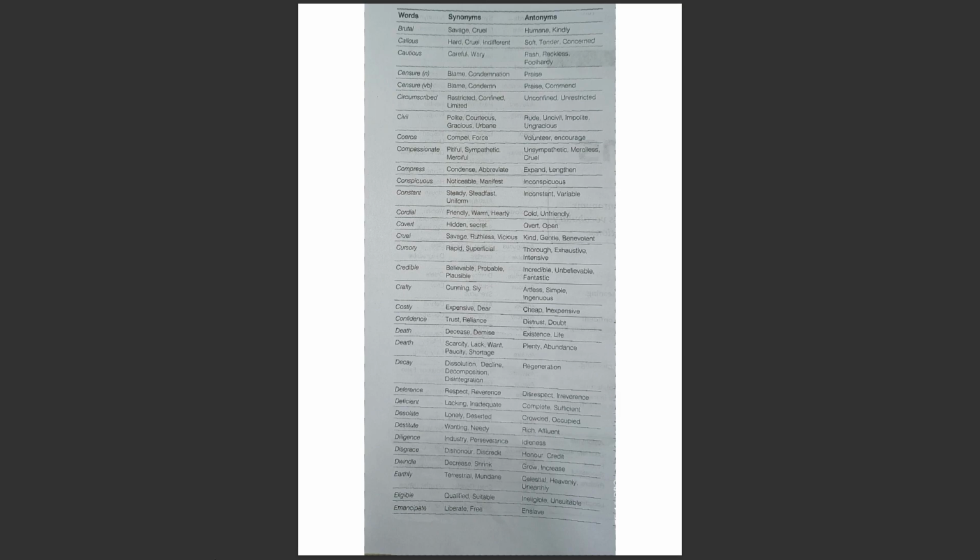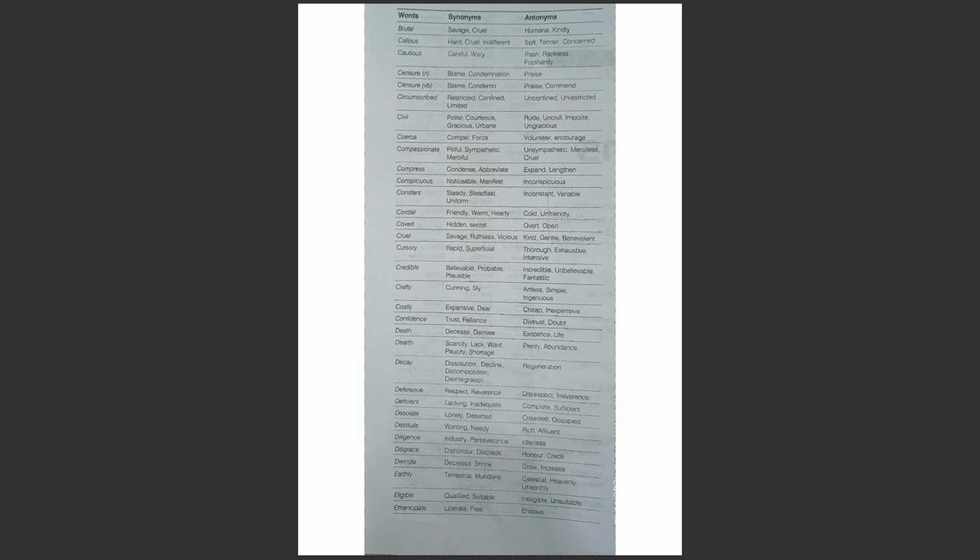And antonyms would be rude, prude, someone who's not polite, impolite, without graciousness, ungracious, not courteous. This would be the antonym.